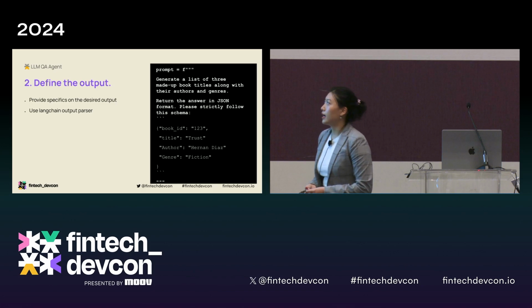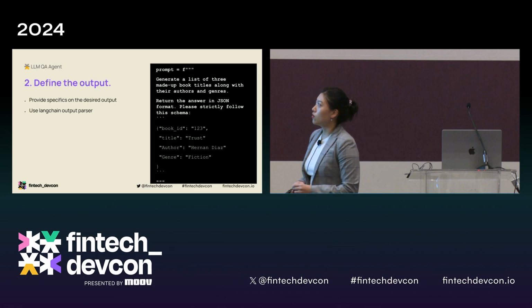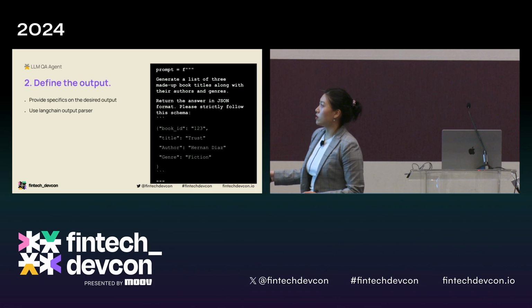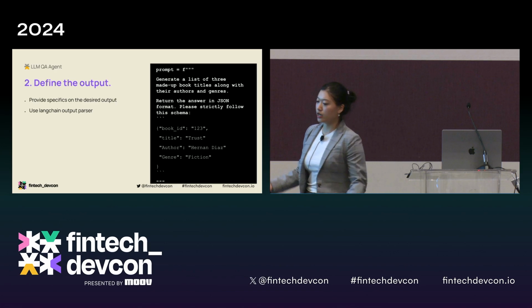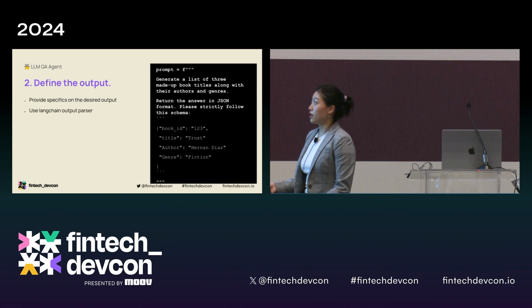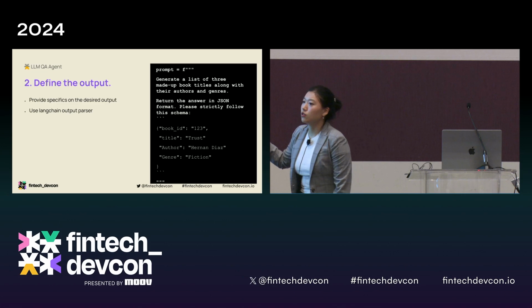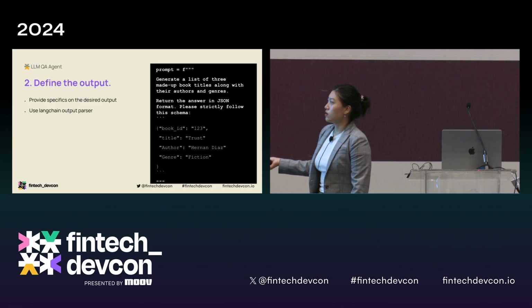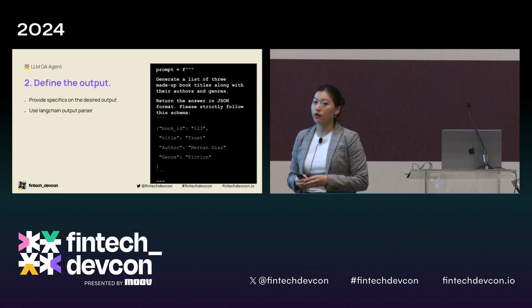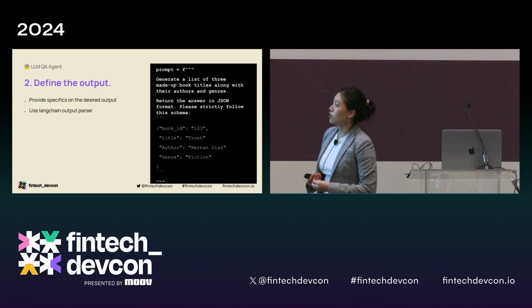You can say something like, return the answer in JSON format, and please strictly follow the schema. In this part, I'm using delimiters as well. Include an example to help your agent understand the desired schema. If you run this prompt, you will notice that it is returning a string instead of a JSON. So use the LangChain output parser, and you don't have to worry about converting that to a JSON.